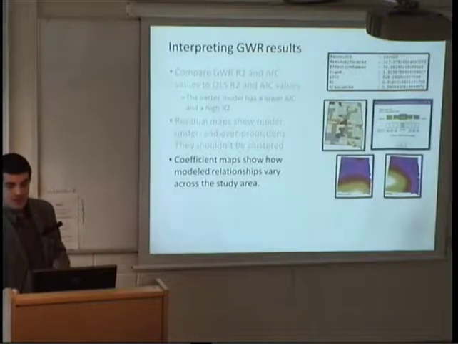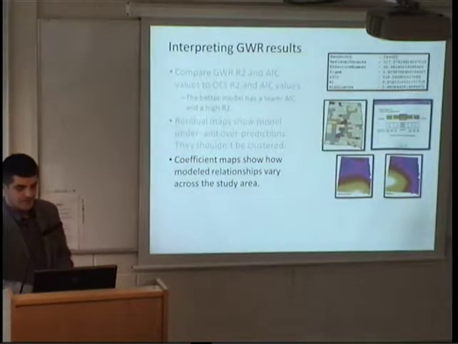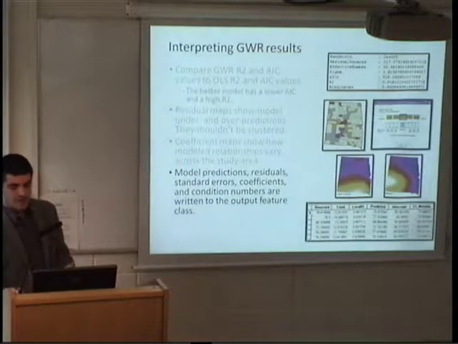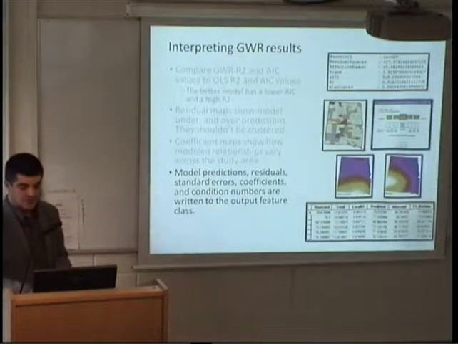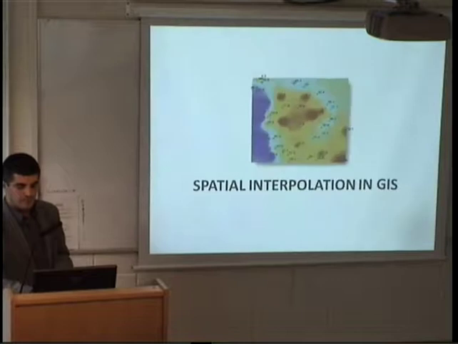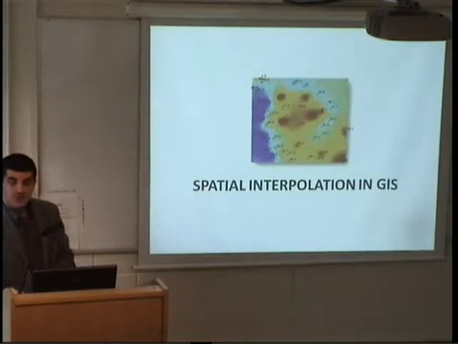It shows you the value maps of coefficients where you can see in which region that particular coefficient has the most influence. And finally, it gives us other parameters like model predictions, residuals, standard errors, coefficients, and condition numbers. Okay, and in my final topic, I will show you how you can use spatial interpolation in GIS.